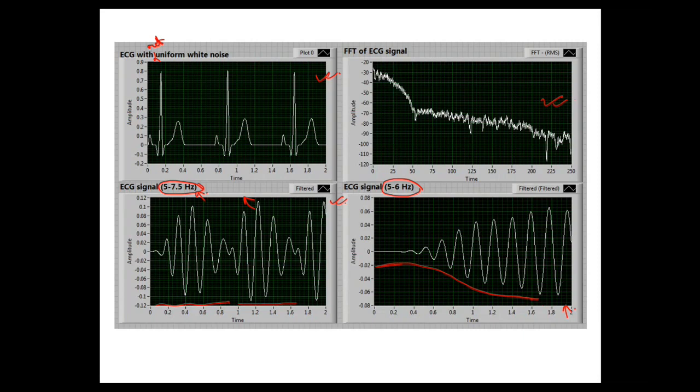Okay, so if you look near to the end, the filter output, it is getting stabilized and you are getting a stable sinusoid. Okay, so you can see even an ECG signal is also being constituted with some sinusoidal signals.